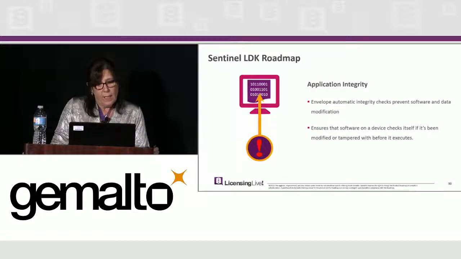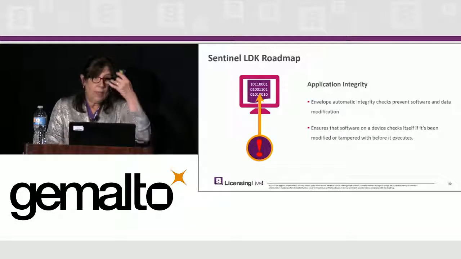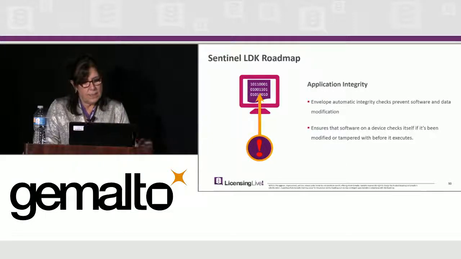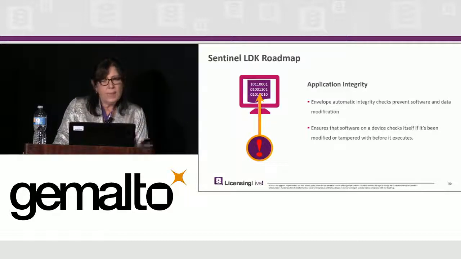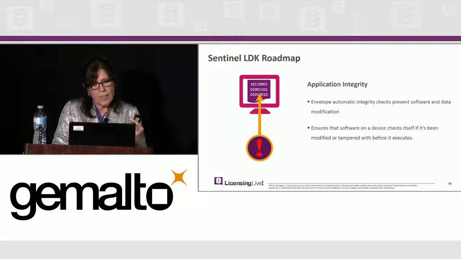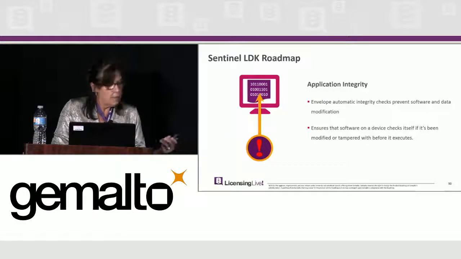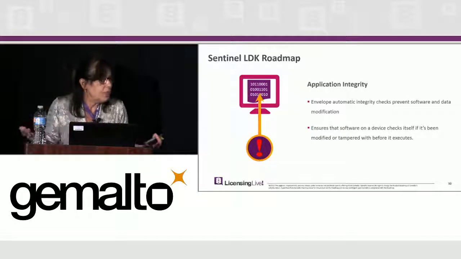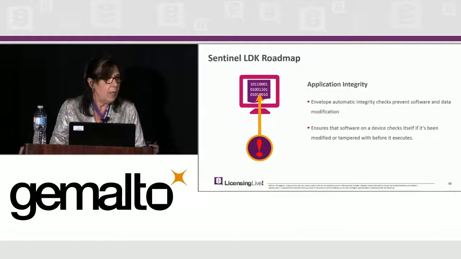Application integrity is all about ensuring that devices have software that checks itself for modification or tampering before it actually executes. Think of an application on a device that somebody changes, modifies a DLL or the data, and then the device misbehaves or doesn't function properly according to the way you intended.